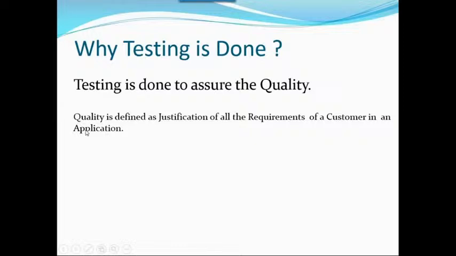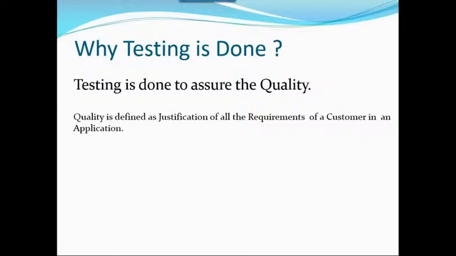But see, how can you define the quality? How can you say this is a quality product? It means you need justification of all the requirements. Suppose they ask you to test in all the areas, and you test all the areas. Then you can say you have justified all the areas, and definitely you will get a quality product, no doubt at all.